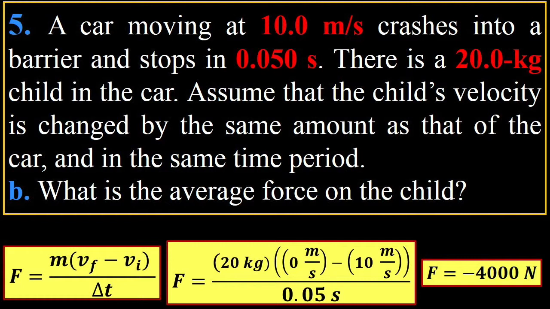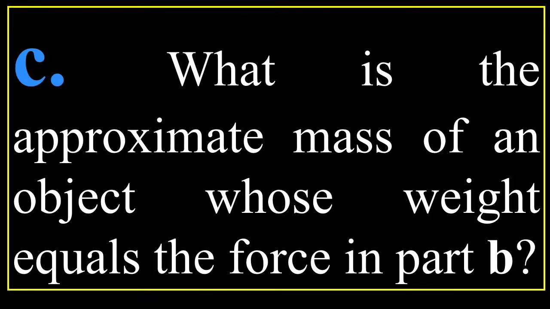So that's significant. You can see why there are many different types of safety equipment in a car, from crumple zones to seat belts, etc. What is the approximate mass of an object whose weight equals the force in part B?